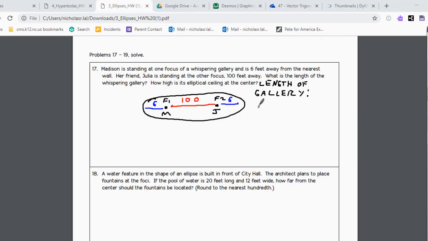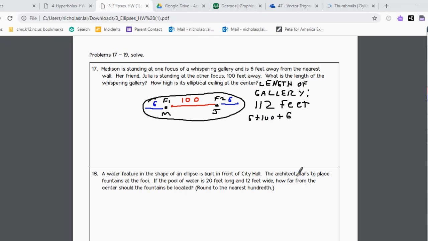So that length is going to be 112 feet. And you just got to be able to see that the distance from the edge to the focus is 6. The distance between the foci is 100. And the distance from the focus to the edge is 6. So that's 6 plus 100 plus 6.